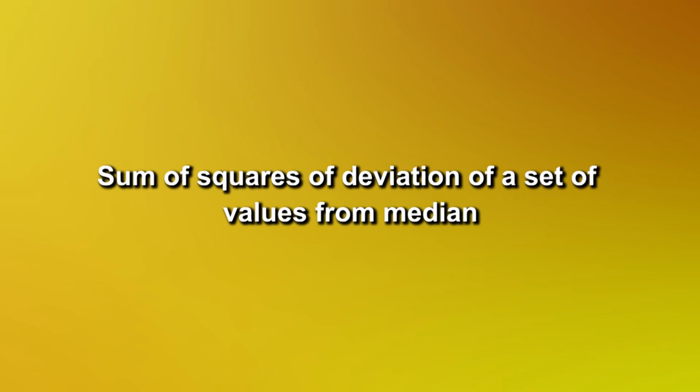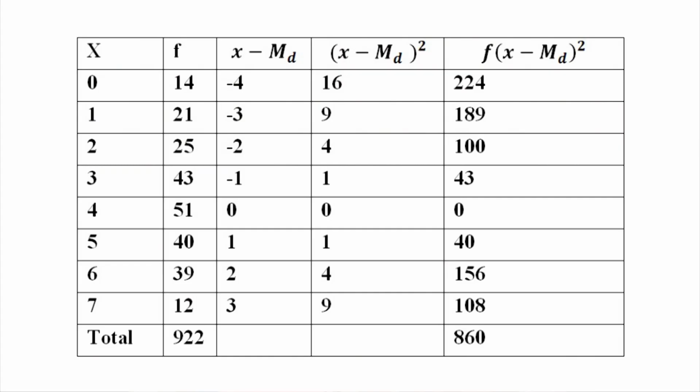Next, we shall consider the sum of squares of deviation of a set of values from median. As a first step, compute the deviations of the observations from its median, and the values are -4, -3, -2, -1, 0, 1, 2, 3, which are entered in third column.